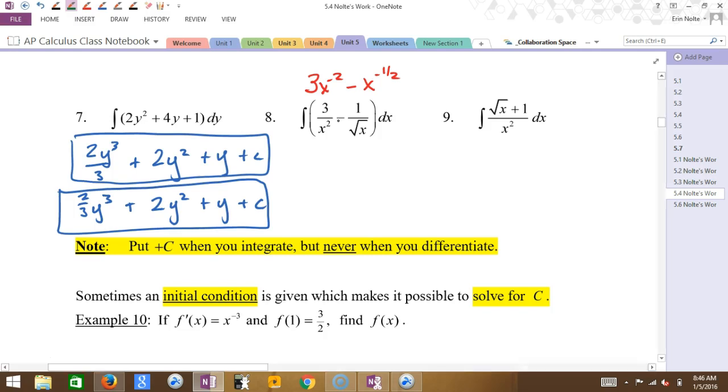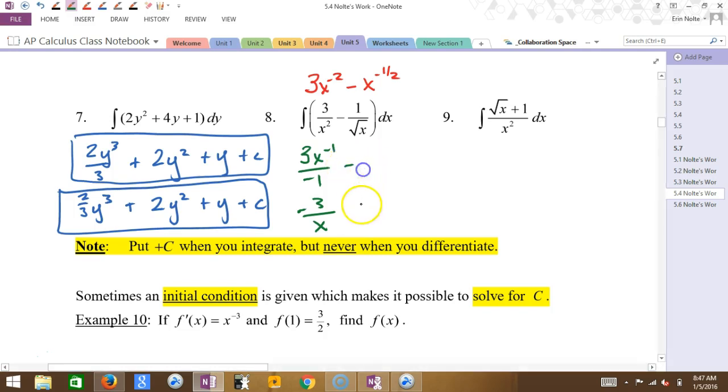So they want you to leave things simplified and not leave negative exponents. So you always want to rewrite it. So we would say 3x to the negative 1 over negative 1, which we would really say is negative 3 over x, right? Because the negative exponent moves into the denominator.